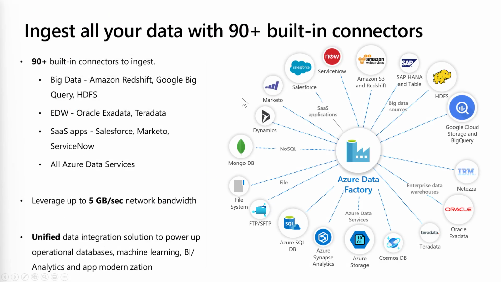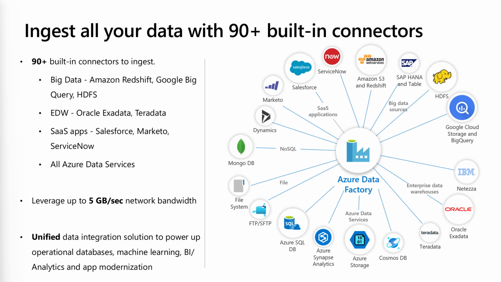So with Azure Data Factory, as I mentioned, there are 90 plus built-in connectors. With those connectors, you can ingest data from multi-cloud sources such as AWS and Google, on-premise sources such as Teradata and Oracle, as well as all the Azure data services such as Cosmos DB and Azure SQL DB, as well as SaaS apps such as Salesforce and Marketo.